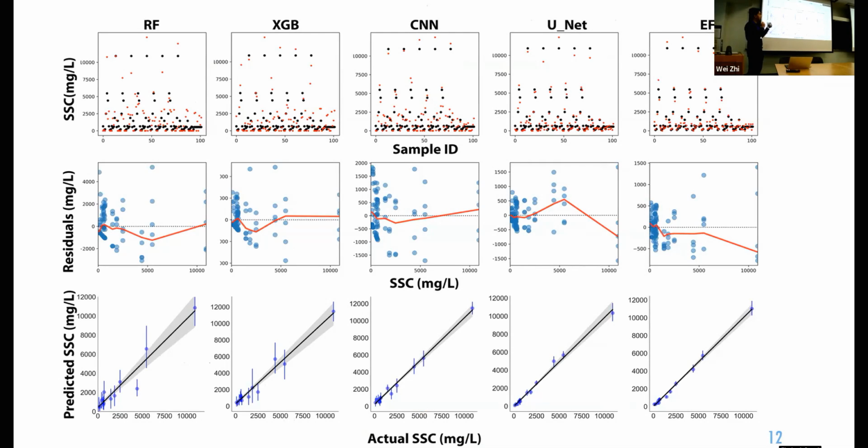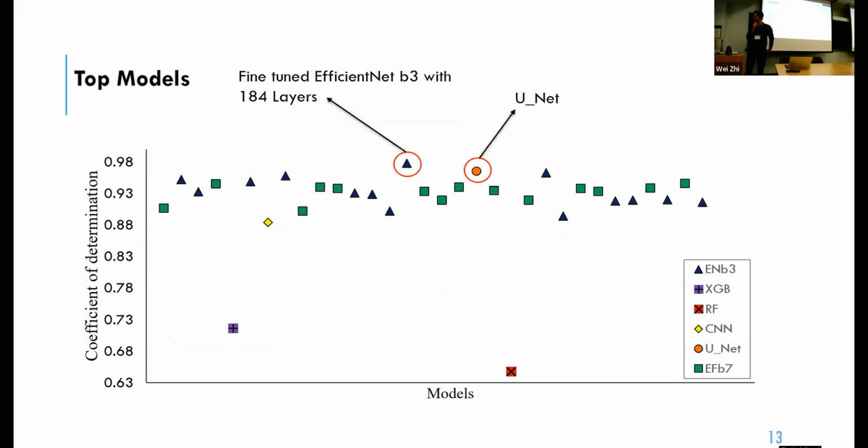It's interesting that although UNet and EfficientNet had the highest accuracy, as we move toward high concentrations of suspended sediment, we can see that the error is kind of increasing. We can see it in the slide here. It's going kind of down. So we have reduced performance there. And the final row shows the QQ plots for different models.